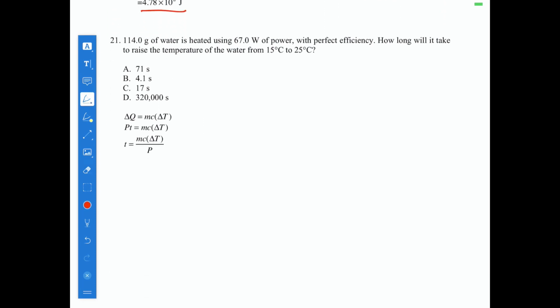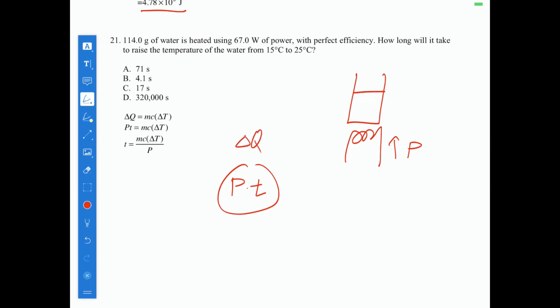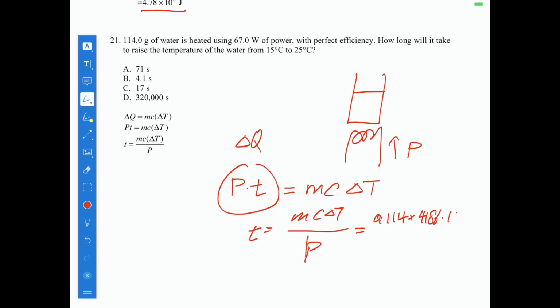Number 21. The same argument. You've got the heater here, and the power is P. So P times T is your delta Q, the energy you put into the water, and this must equal M C delta T. Therefore T equals M C delta T over P. M is 0.1144186, the change of temperature is 10 degrees, and the power is 67.